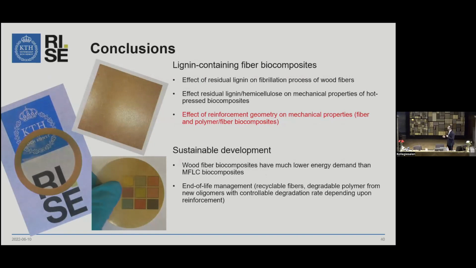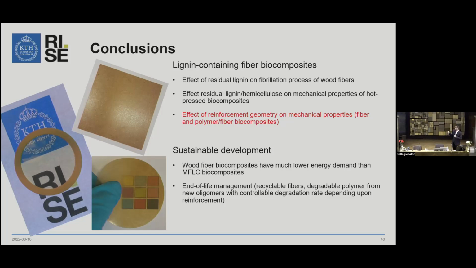So to conclude this work, we have showed the effect of residual lignin content on the fibrillation process of wood fibers, the effect of lignin content and lignin and hemicellulose on mechanical properties of hot pressed biocomposites, and also the effect of reinforcement geometry on mechanical properties of fiber and fiber polymer biocomposites.